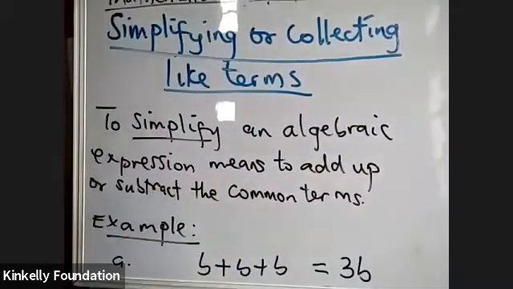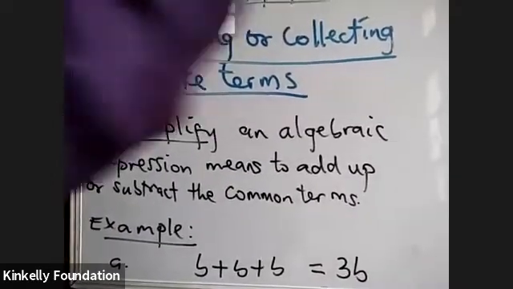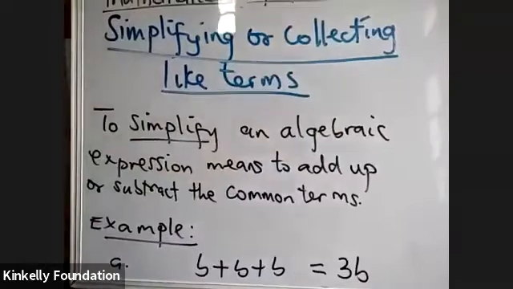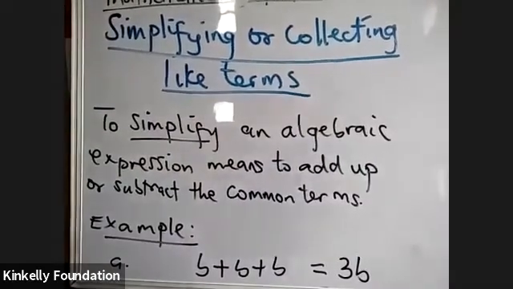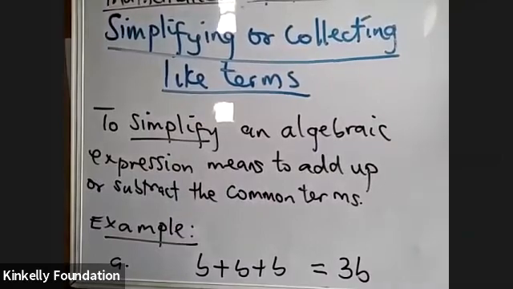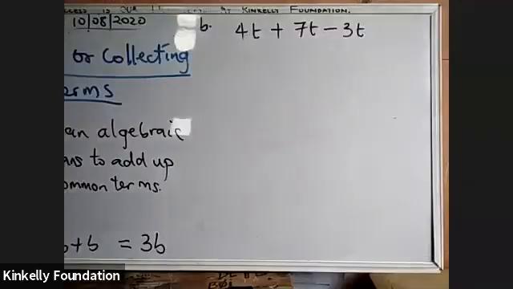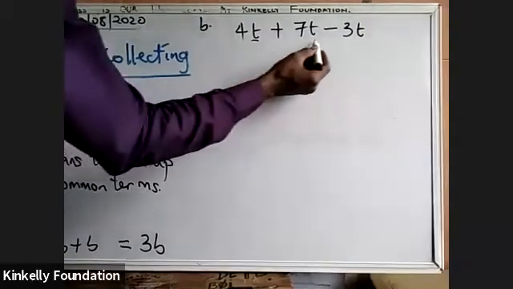Now, in the second example, if we have something like 4t plus 7t minus 3t. If you're given something like this, you notice that all these terms are in t.